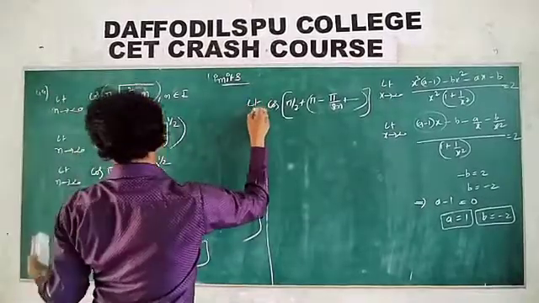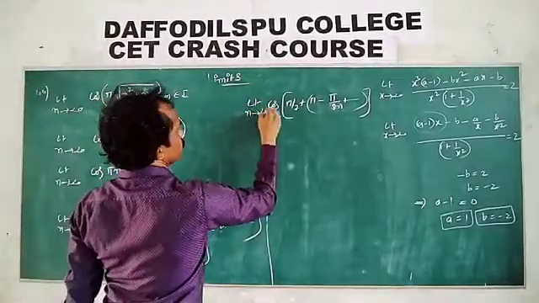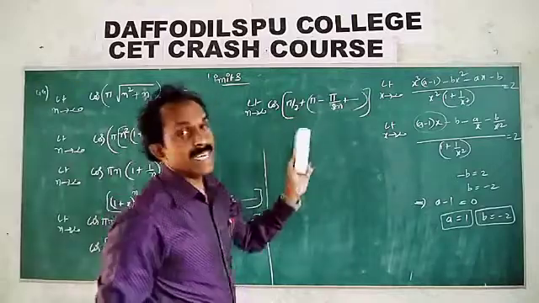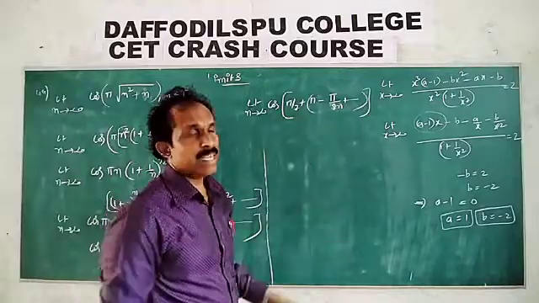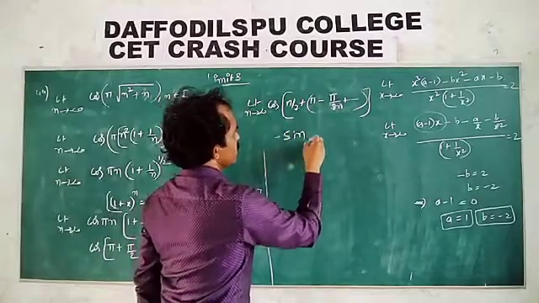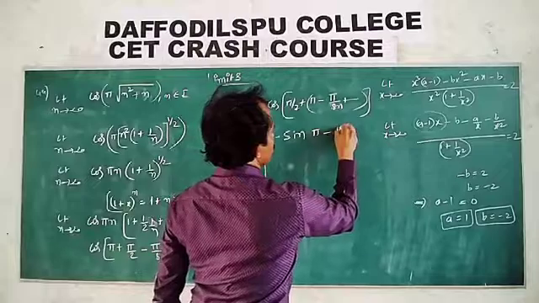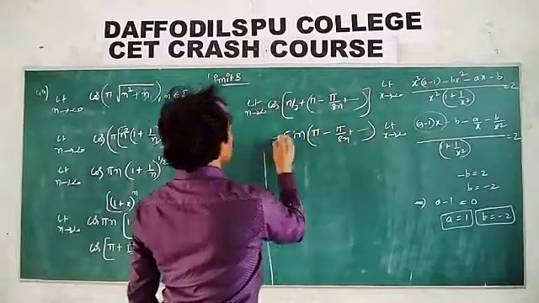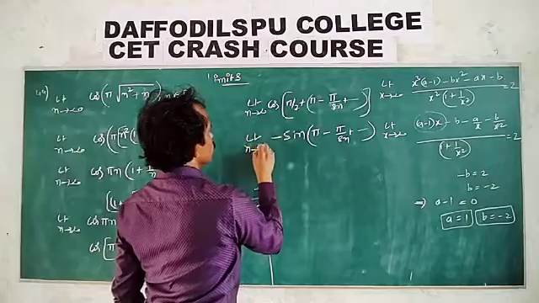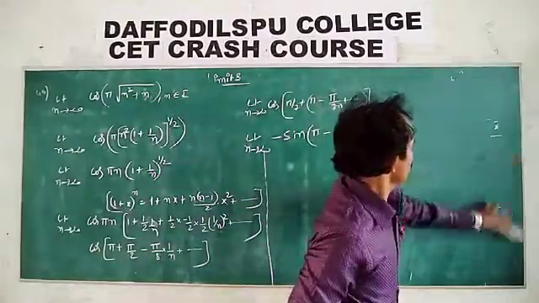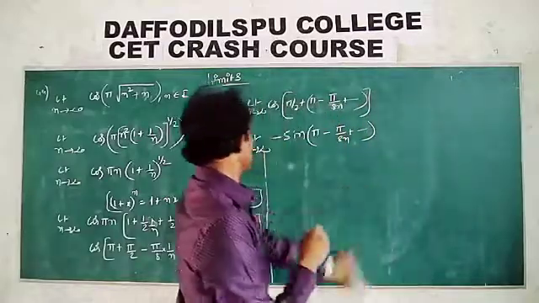Limit n tends to infinity. Okay. 90 plus theta gives minus sine: sine(π - π/8n + and so on). This value, limit n tends to infinity. Clear?